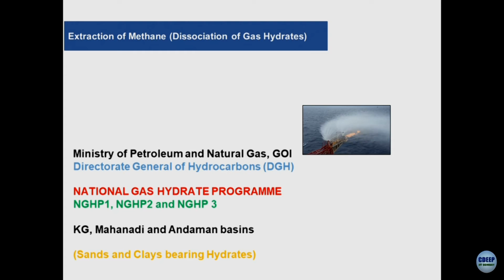This is what is known as the National Gas Hydrate Program, and they are heavily dealing with the sample collection and on-board testing on the ships, and the regions which have been identified in the Indian margins are the KG basin, Mahanadi and Andaman basins, clear.